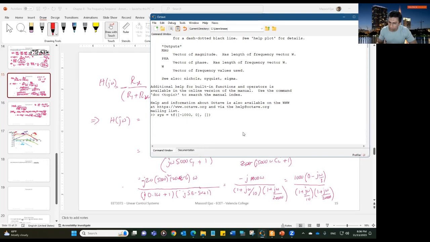Again, I have not used the Bode function, so I'm just going to write it down. I have 0.1 s, so let's create a polynomial from there.